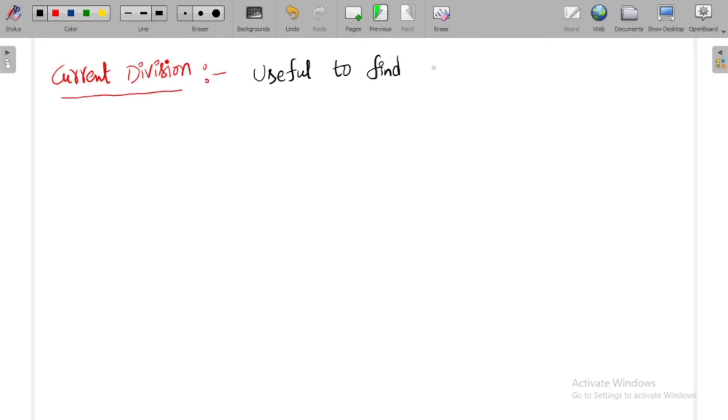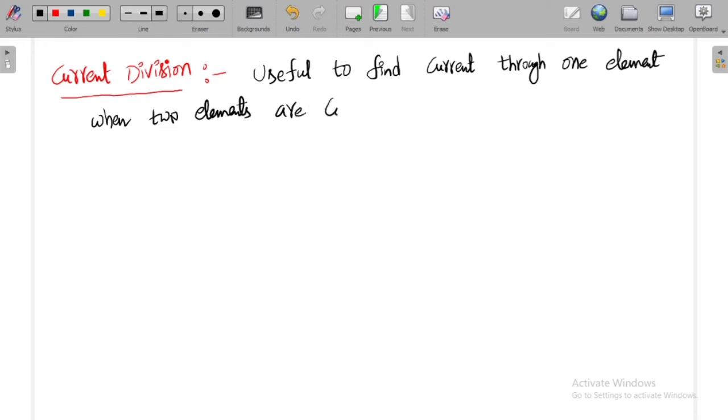The current division rule is useful to find the current through a particular element or one resistor. Here element means a resistor, because we are discussing voltage division and current division rules in resistive circuits, right?